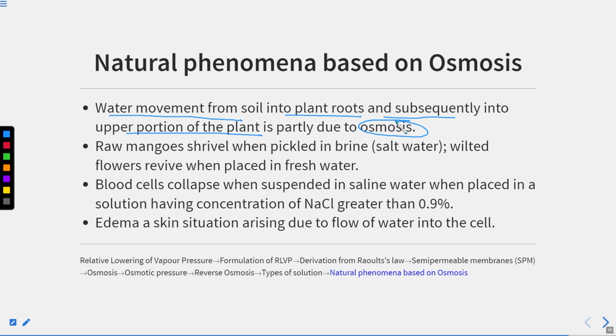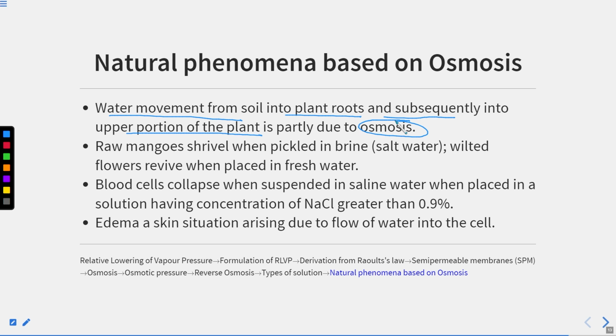The soil contains minerals, but has a lower concentration because the water inside the plant has lots of minerals. So the water will start to move from lower concentration to higher concentration, that is, upward in the plant.